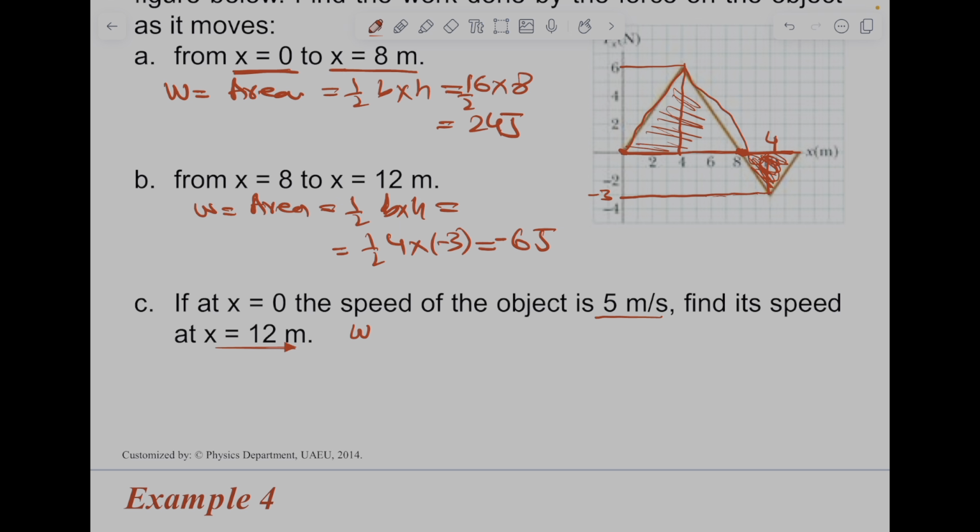So the total work is equal to the change in kinetic energy, and the change in kinetic energy is 1/2 mv2 squared minus 1/2 mv1 squared. So v1 is given as 5 meter per second at x equals 0.